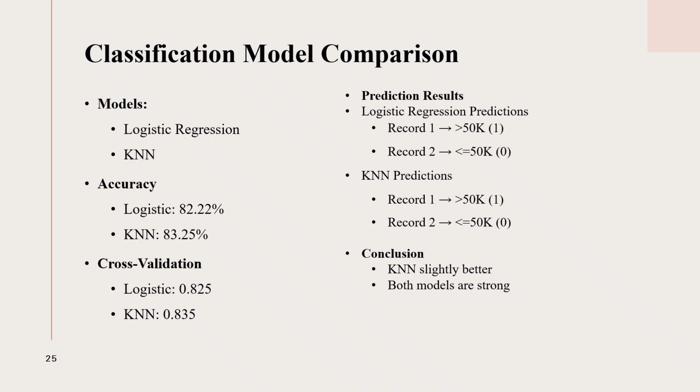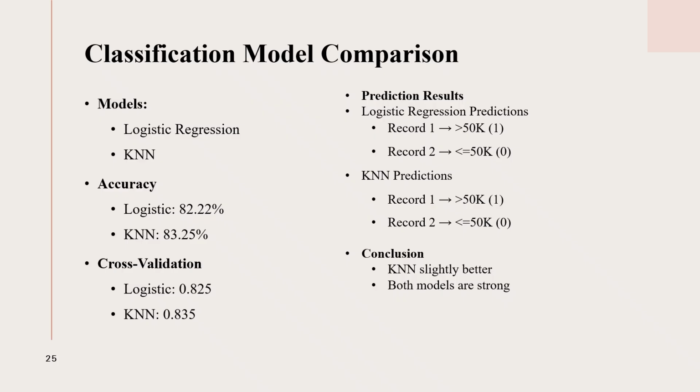The first record was classified as greater than 50 and the second record was classified as less than or equal to 50. This indicates that both models are reliable and agree on clear classification boundaries in the data. However, KNN performed slightly better because it is able to capture more complex patterns in the data using distance-based learning, while logistic regression assumes a linear relationship.